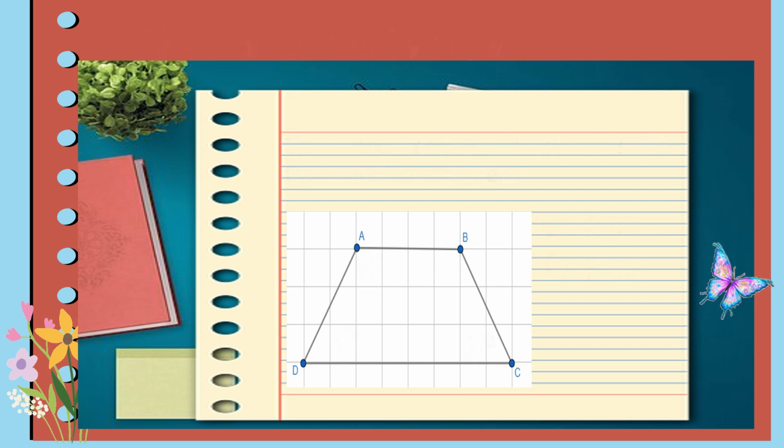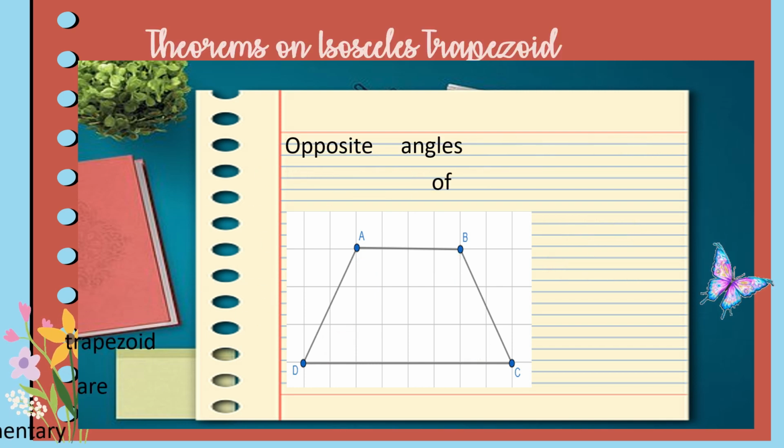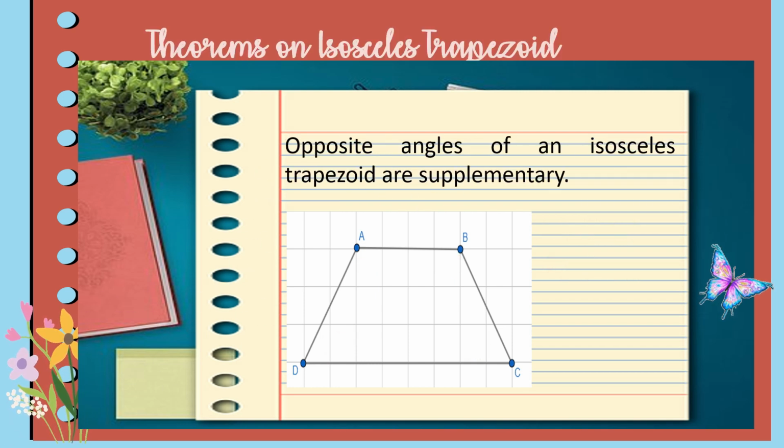Number 2, opposite angles of an isosceles trapezoid are supplementary. As in my example in the first theorem, angle A is 93 degrees, angle B is 93 degrees, angle D is 87 degrees, angle C is 87 degrees.